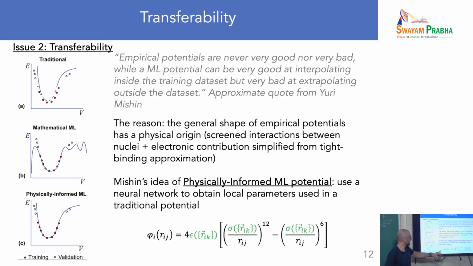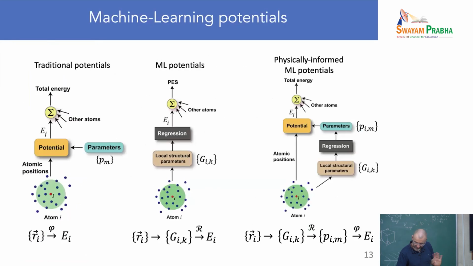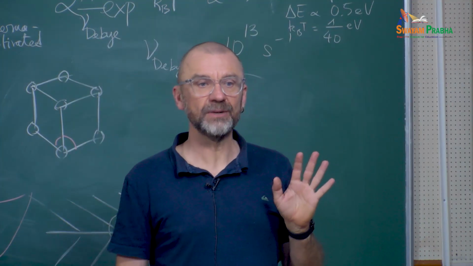What he says is that because you keep a physical form here, it will never be that bad when you do extrapolation. But with the multiplication of parameters, you can be extremely accurate at the same time. Again, I won't go into much more detail. This is just the philosophy of these physically informed machine learning potentials. This is quickly what I wanted to say about potentials.